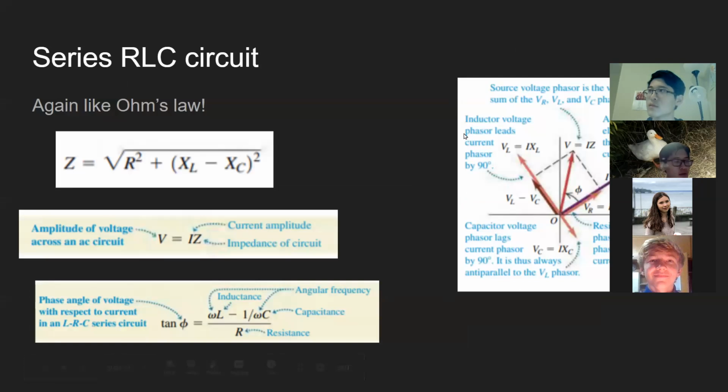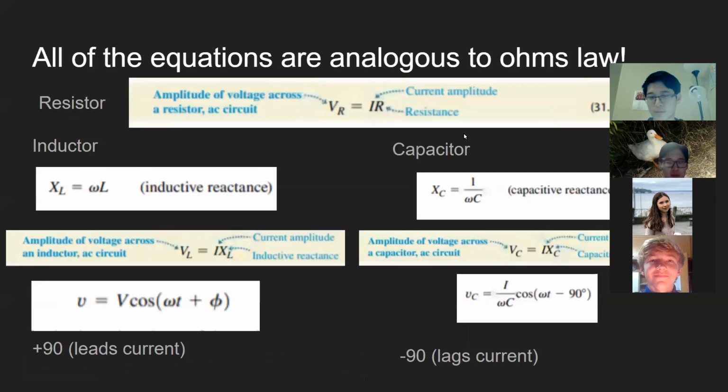Yeah, I need to clarify something. So go back, Kevin, go back a slide. So when we say leads current and lags current, that means the voltage leads the current by 90 degrees for the inductor. We could also say that the current lags the voltage by 90 degrees.